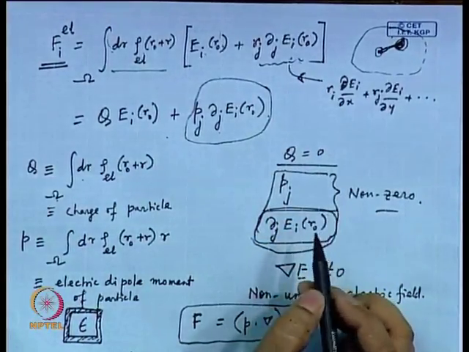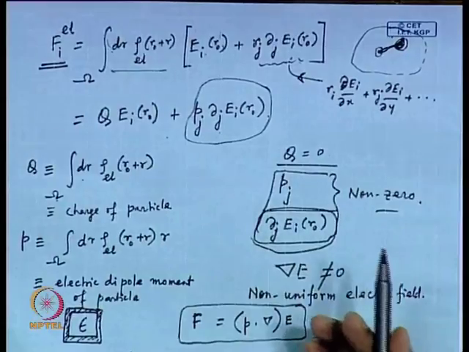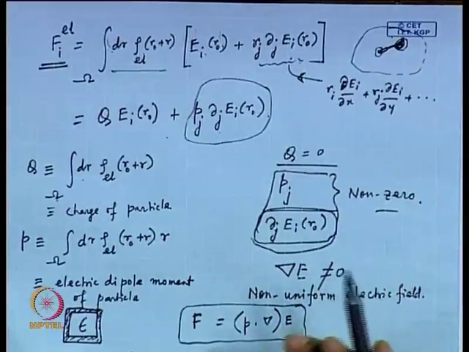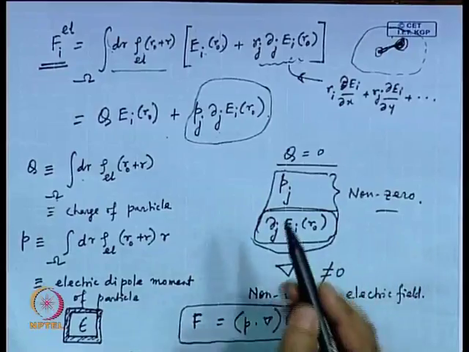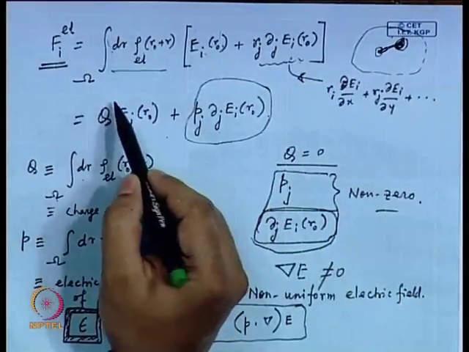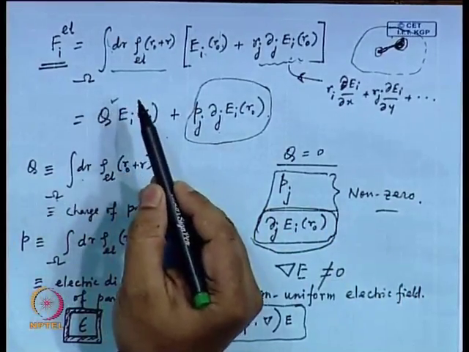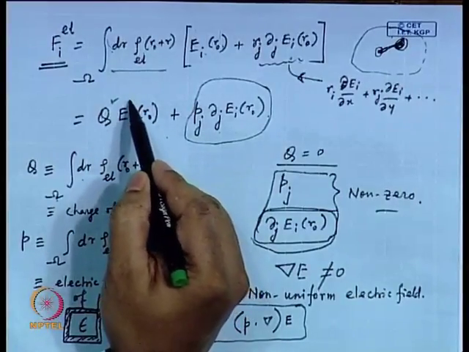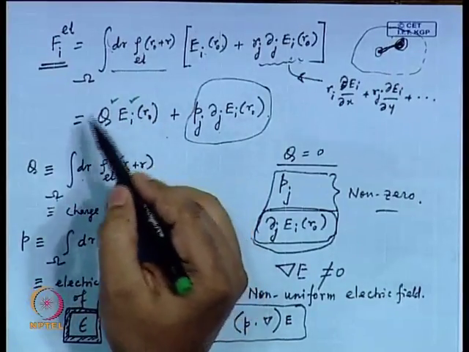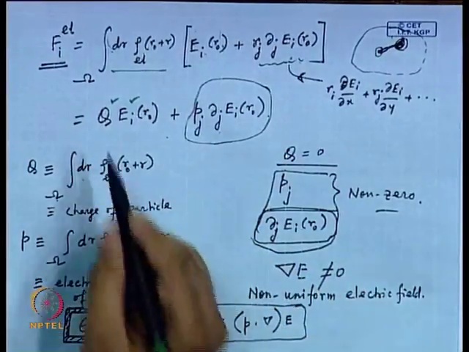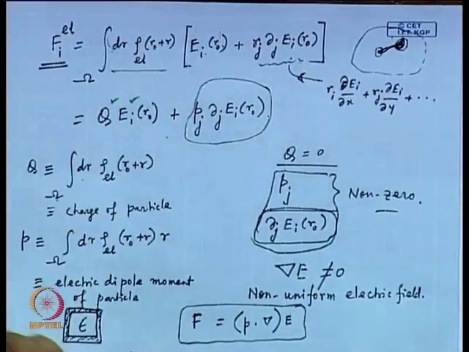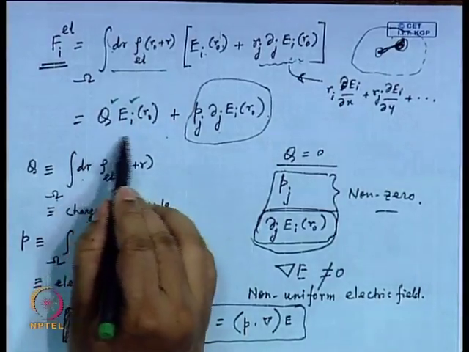Now, in what we had done before, say electroosmosis and other places, we had this Q present, and this E i present, and they contributed to the force. But in this case, at the very outset we said Q is equal to 0, so this term is 0.